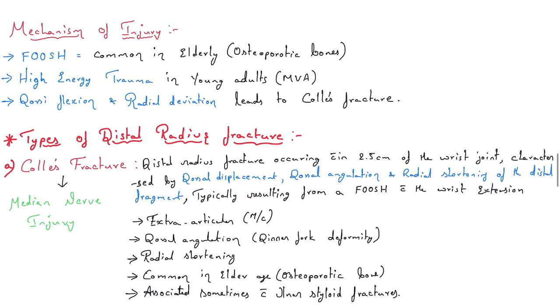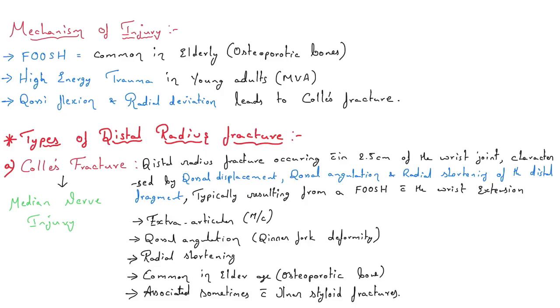Next, mechanism of injury. As I already mentioned, it's most common in elderly people, mostly females, with osteoporotic bone, and in young adults we can say high energy trauma.